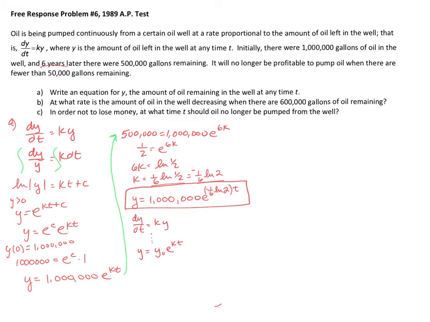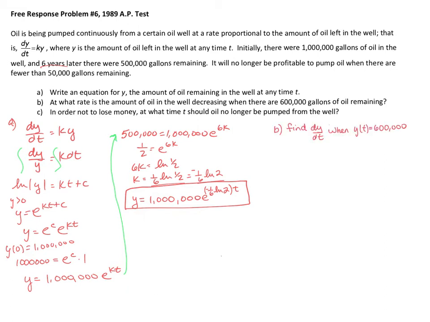So for this problem, you could have started right off with y equals 1 million e to the kt, since 1 million was the initial amount. Then you could have plugged in the 500,000 and the time 6, and solved it. You could have started right there and worked your way through it.